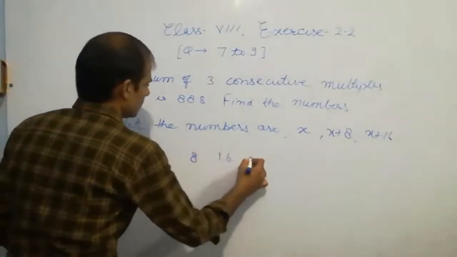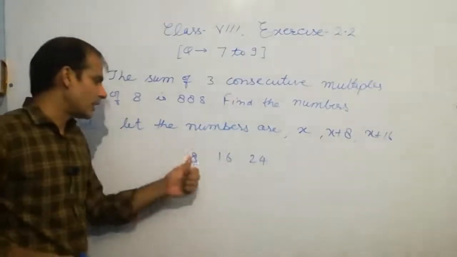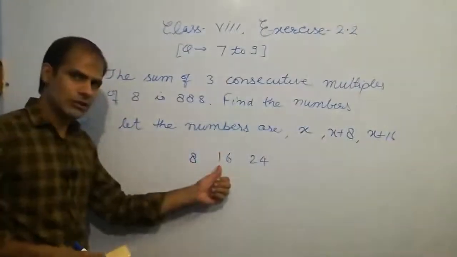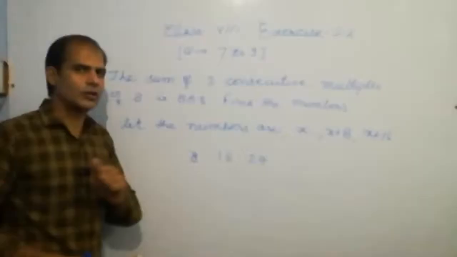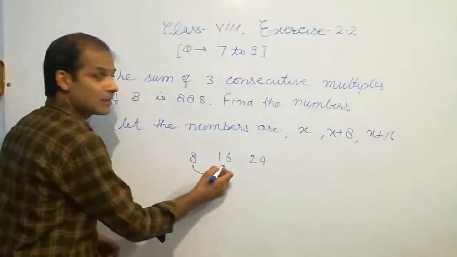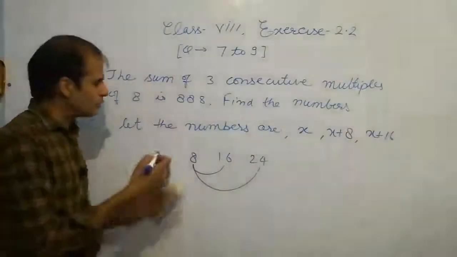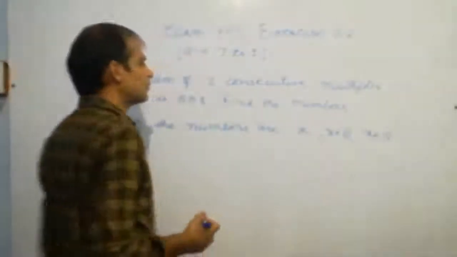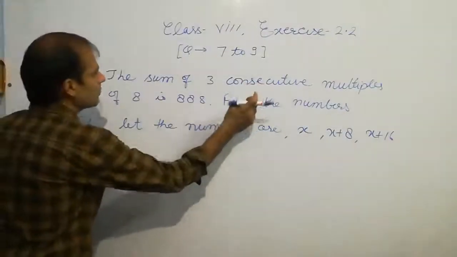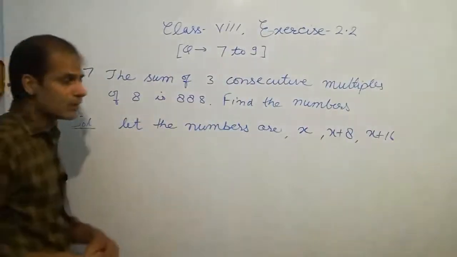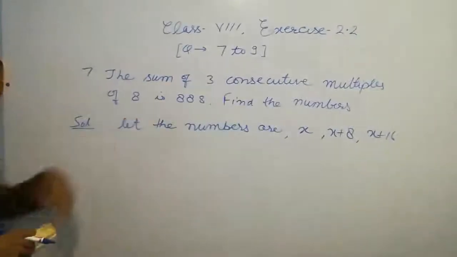Suppose these are the 3 consecutive multiples of 8, means it is 8 1 ja 8, 8 2 ja 16, 8 3 ja 24. Okay, so these are the consecutive multiples. It is 8 plus 8 and it is 8 plus 16. So in this way we are using this concept, and the question is the sum of 3 consecutive multiples of 8 is 888, means if you add all these you will get 888.